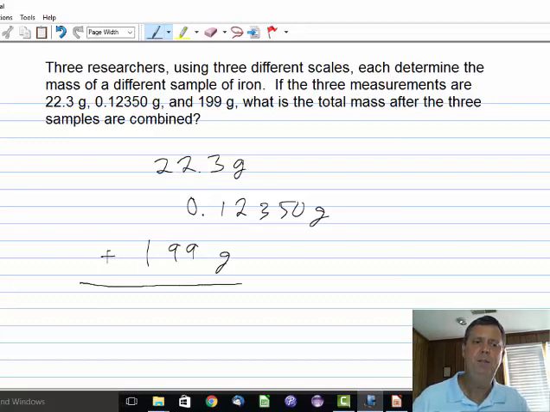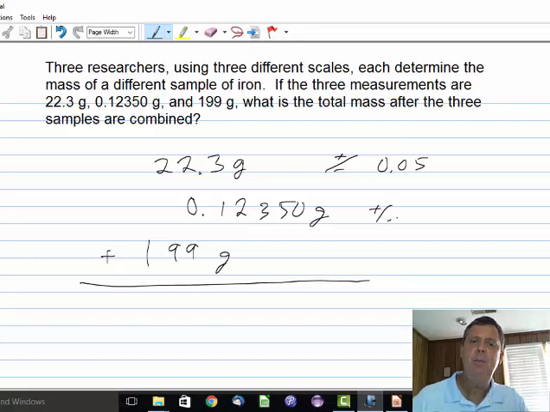Of course, we're adding all this together. And this lets us know where we need to round everything off. The first case, we're measuring to the nearest tenth of a gram. The second case, to the nearest 100,000th of a gram. Third case, to the nearest gram. So this has an error of plus or minus 0.05 grams.